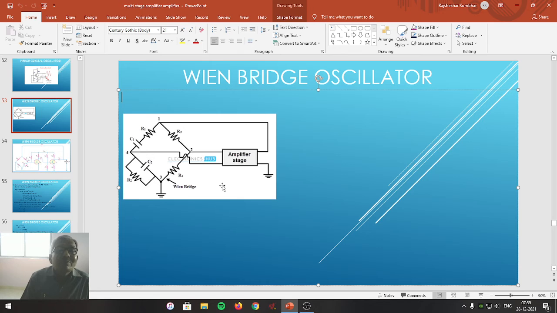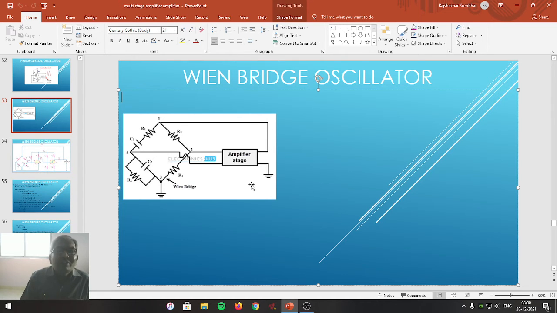Student friends, this is how the Wien bridge is utilized to produce oscillations in an oscillator by satisfying one of the criteria of Barkhausen, that is, there is a net phase shift of 360 degree or 0 degree.